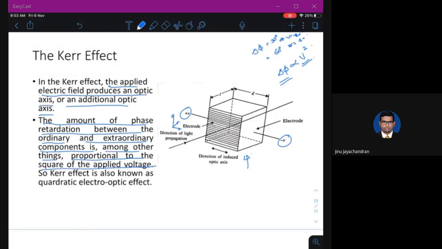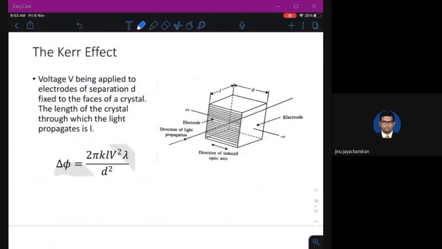So the new delta phi, we write it again. So let's say delta phi is equal to 30 degree at V square is equal to 2 volt. Then delta phi will be equal to 60 degree at V square is equal to 4 volt. Okay. So this is the proportional change.